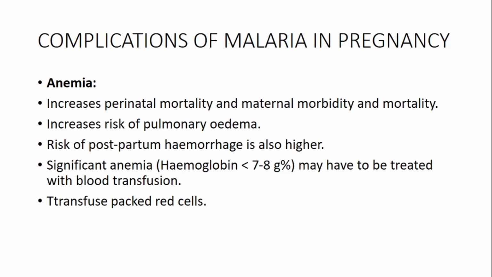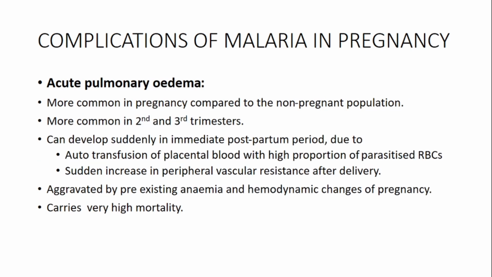Anemia is said to be more common within 16 to 29 weeks of pregnancy, and it may develop suddenly, especially when parasitemia is high. It is associated with increased perinatal morbidity and mortality, and increased risk of complications such as pulmonary edema. The risk of postpartum hemorrhage is also higher, and transfusion of red blood cells may be necessary in order to manage this.